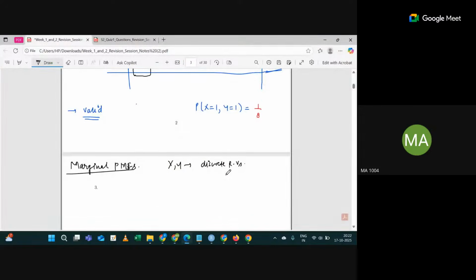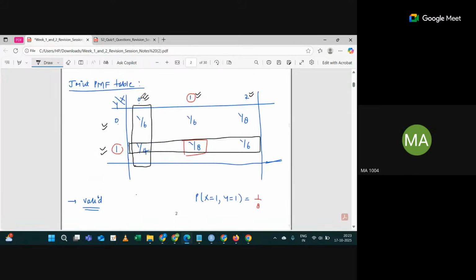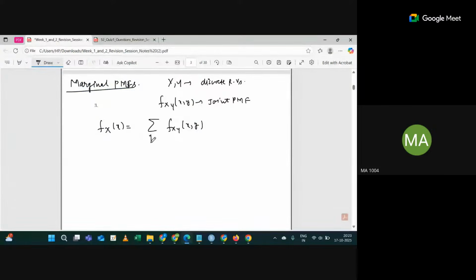That's not a problem. Okay. So suppose this joint PMF is given to us. What is the marginal PMF? It means what is the probability mass function of random variable x? I told you, if you need the probability mass function for x, you have to add the joint PMF over all the possible values of y.